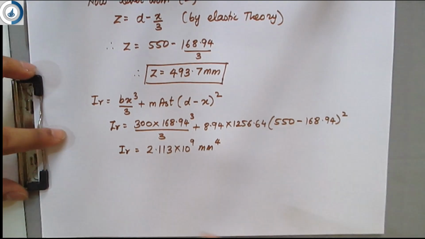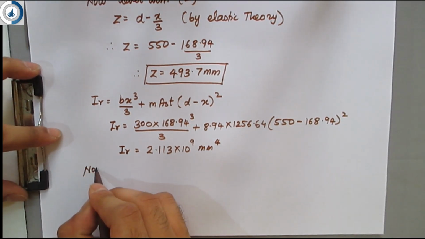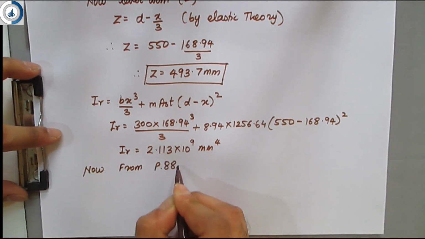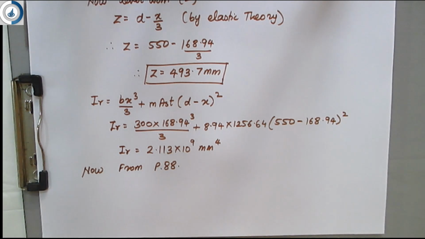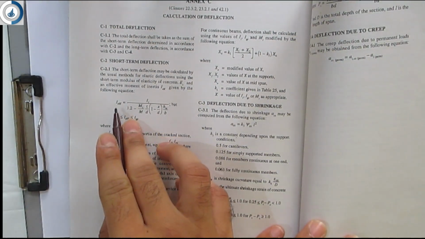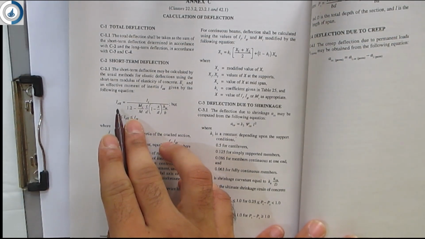Now you have to go to page number 88. Once again I will show you the formula here from page number 88. So effective moment of inertia IEFF we are going to find out.